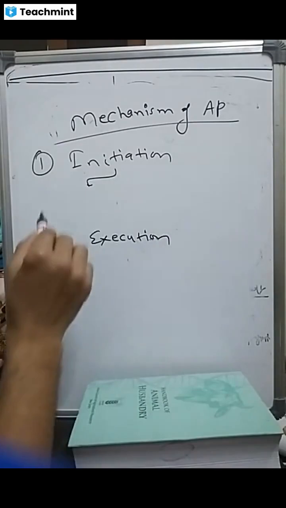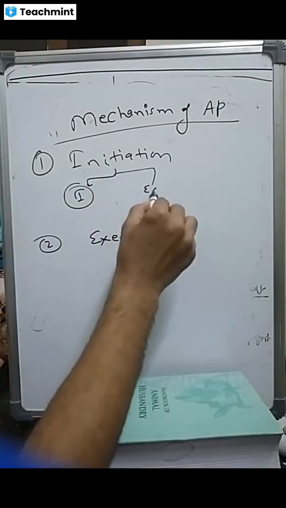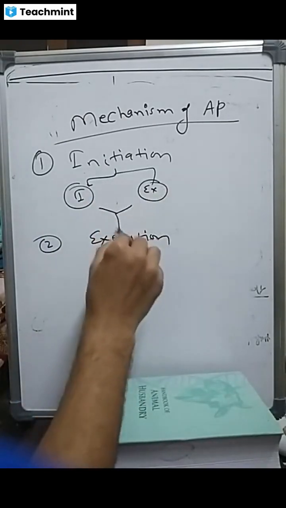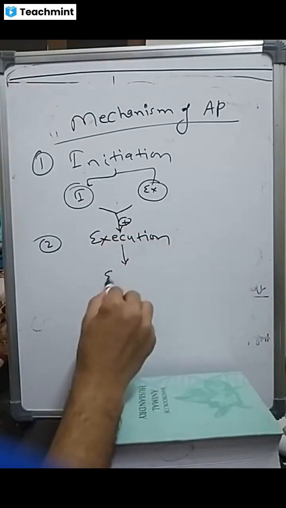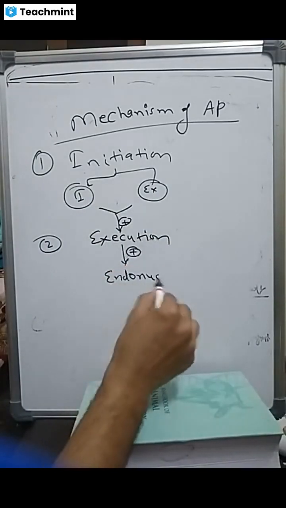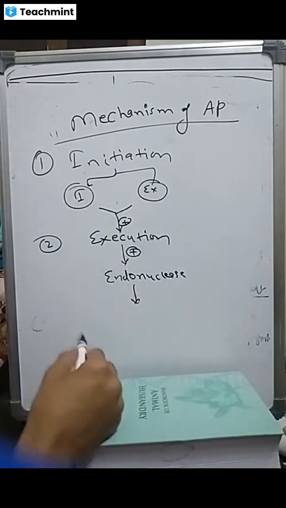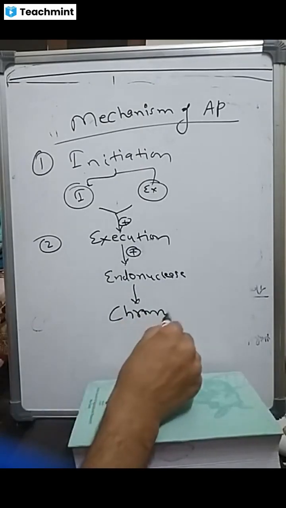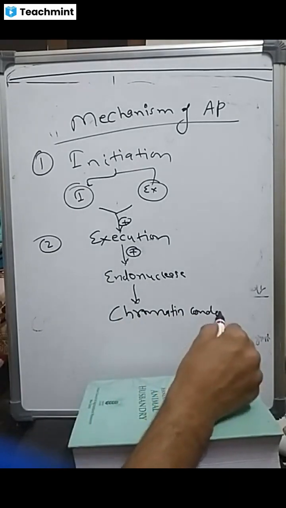Initiation may be through the intrinsic pathway or the extrinsic pathway. That may lead to execution. From the execution, there will be activation of endonucleases, and these endonucleases may lead to chromatin condensation.